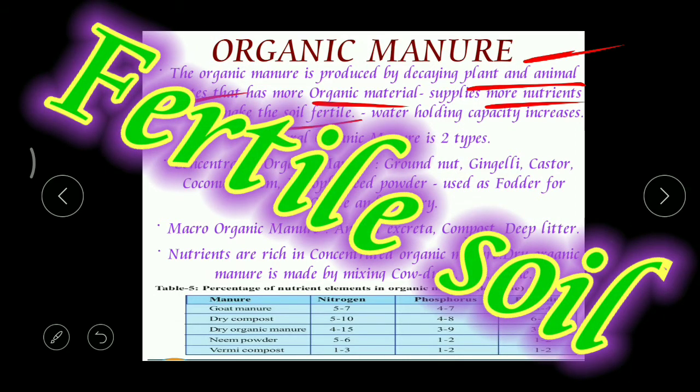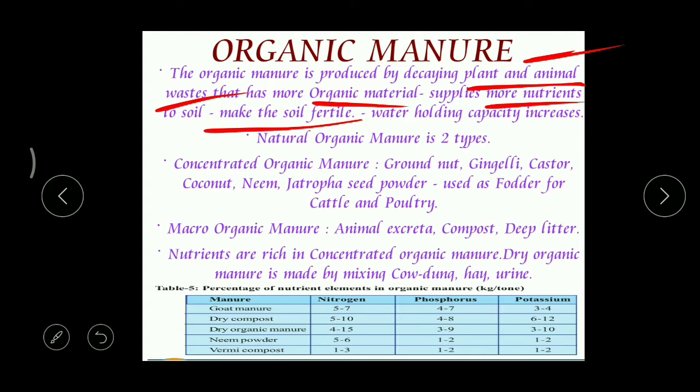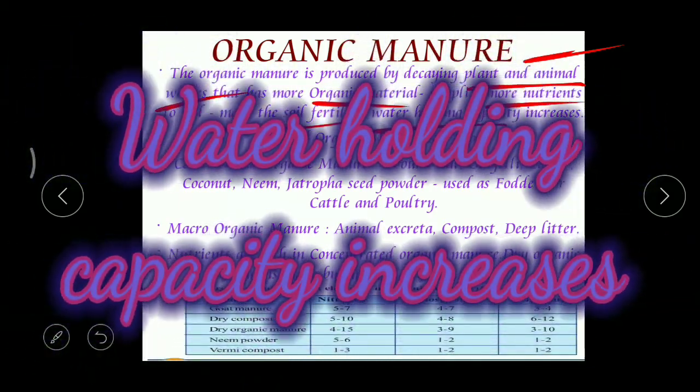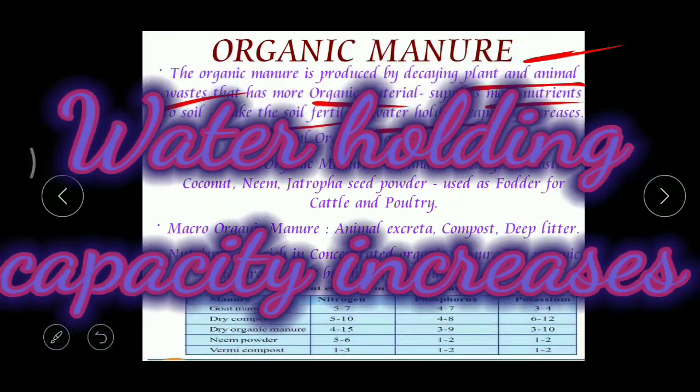Fertile means what? When the soil is rich with all these nutrients, then we call that fertile. And when there are no nutrients, then we call that unfertile soil or barren soil, right? And there is one more. What is that? Water holding capacity increases in the soil.